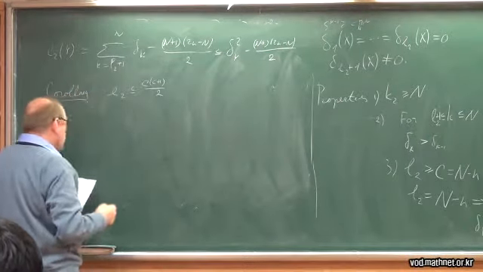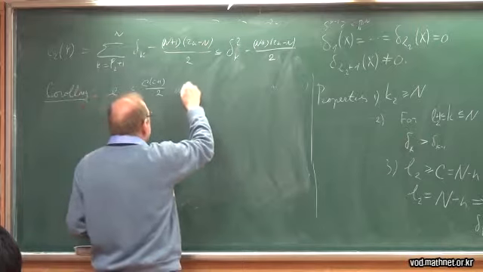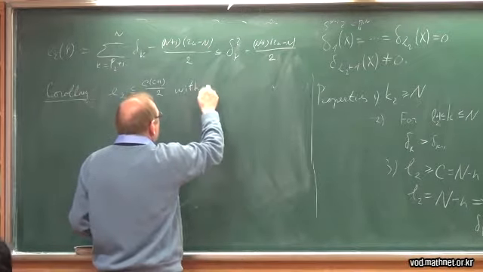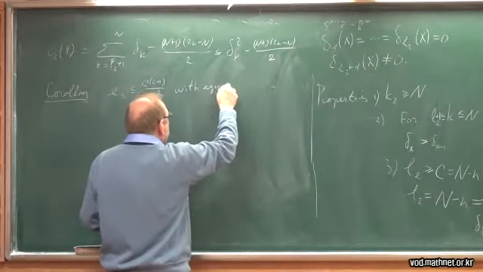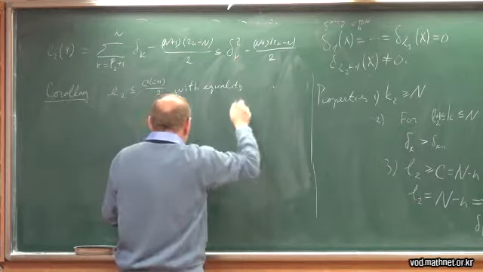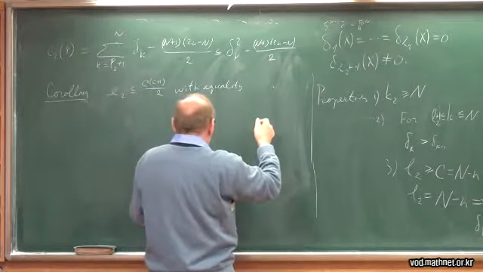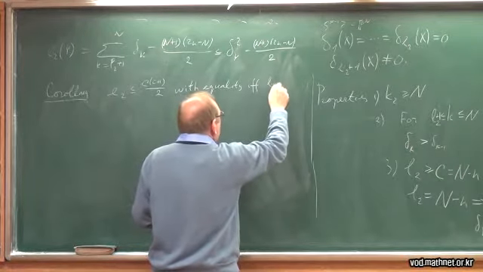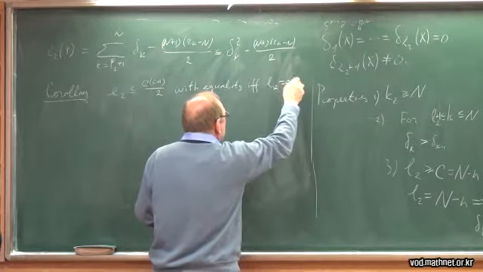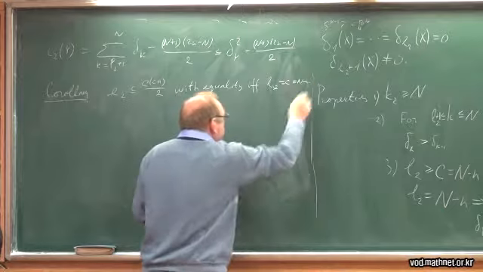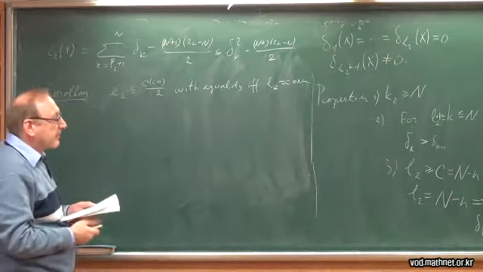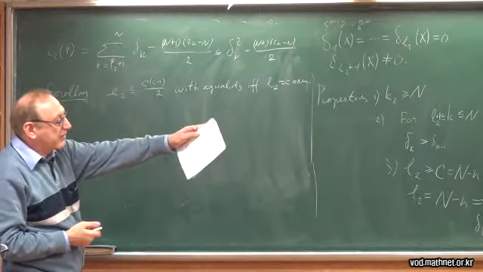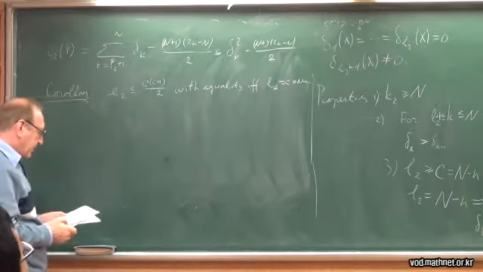And equality holds if and only if L2 is equal to C, the minimal possible value, which means that we are on the upper line in this picture.